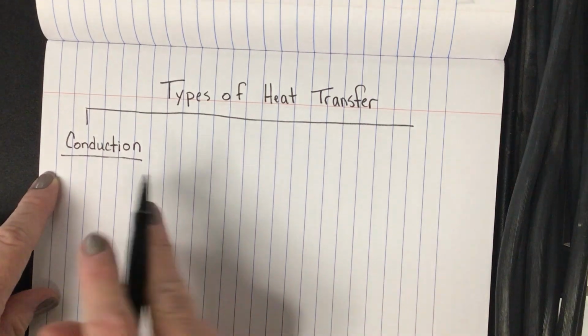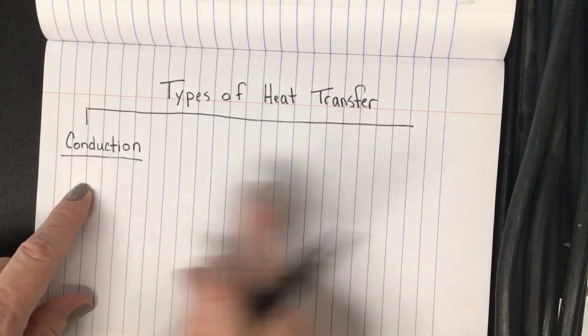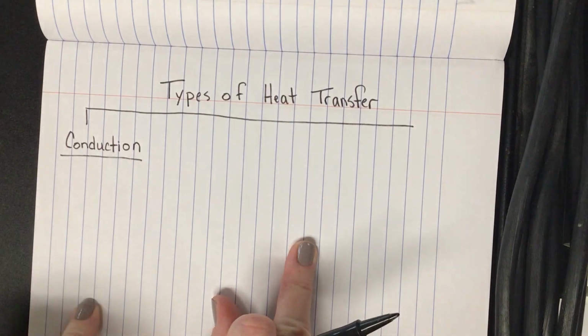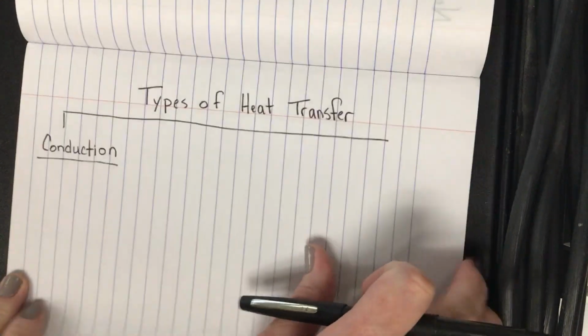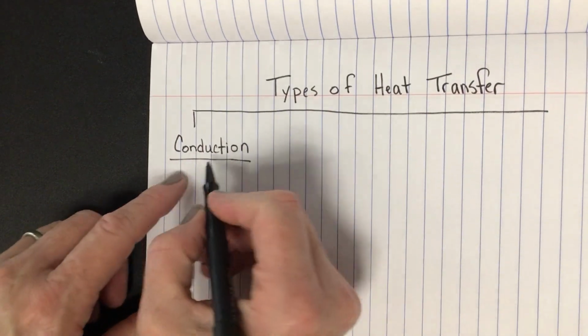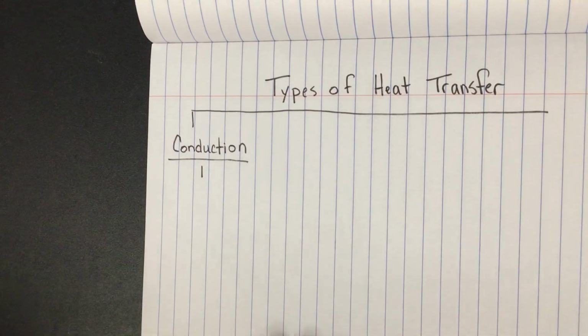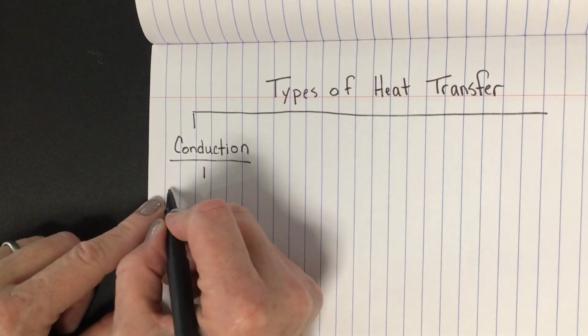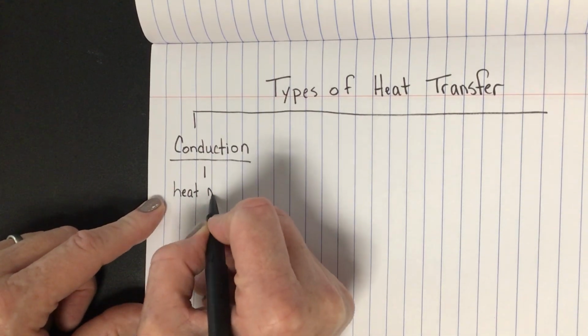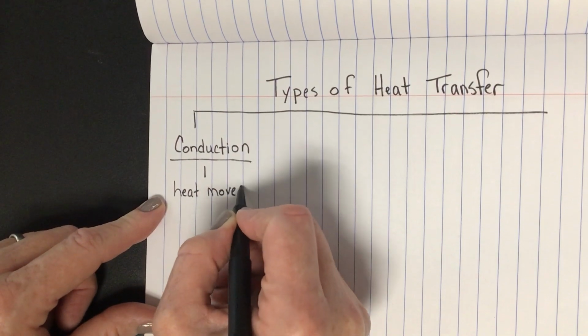Do you guys want to do the terms and then the definitions, or do you want to do each term, definition, and examples? Okay, we're just going to talk conduction first then. Conduction is when heat moves from one solid to another.